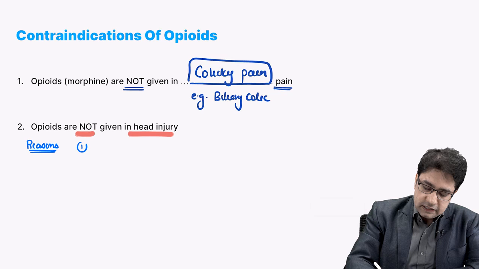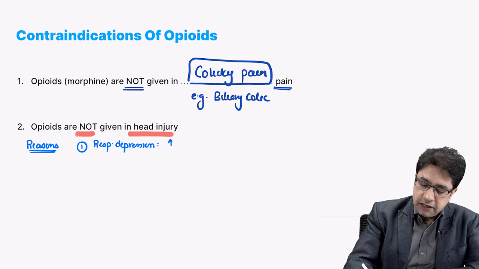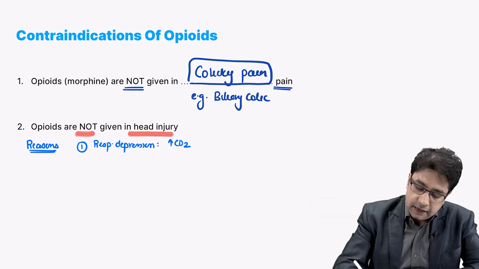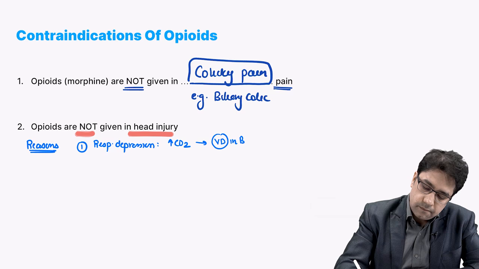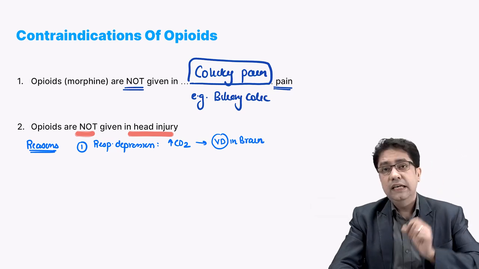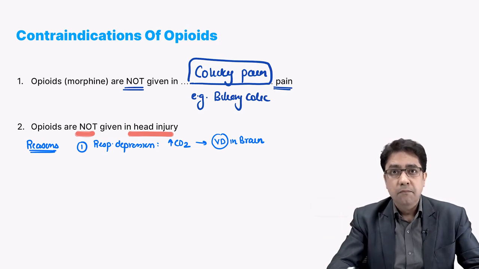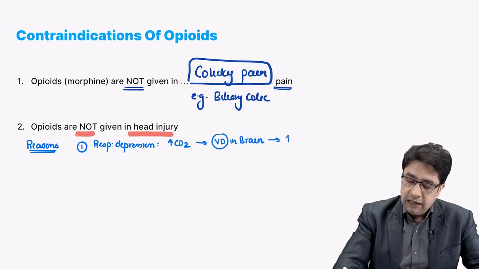The first reason is opioids produce respiratory depression. Now, don't you think because of respiratory depression, carbon dioxide will accumulate in the body? And carbon dioxide produces vasodilation in the brain. And if there is vasodilation in the brain, more blood will filter, more plasma will filter, and filtration of plasma will lead to CSF production.